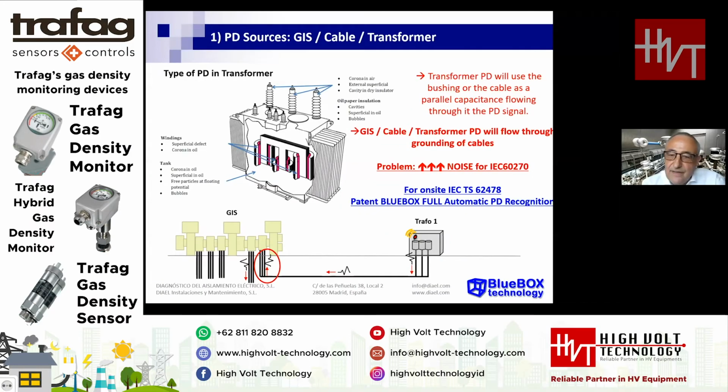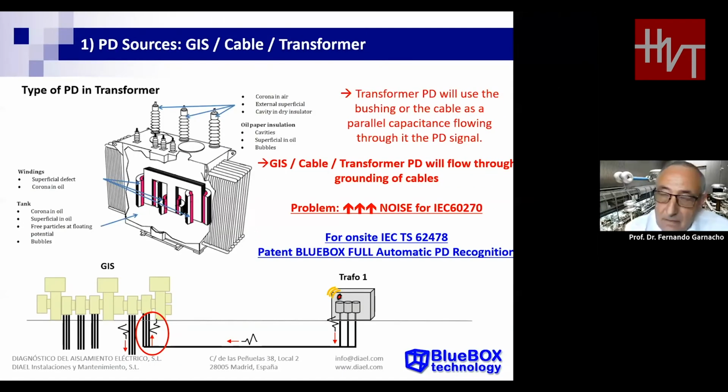For this reason, the IEEE technical specification 62478 appeared in recent years in order to solve the on-site problems, giving several concepts to measure online in on-site high voltage installations. And the patented Blue Box technology is in the direction of this standard, in order to give a solution according to this standard when the noise is significant.